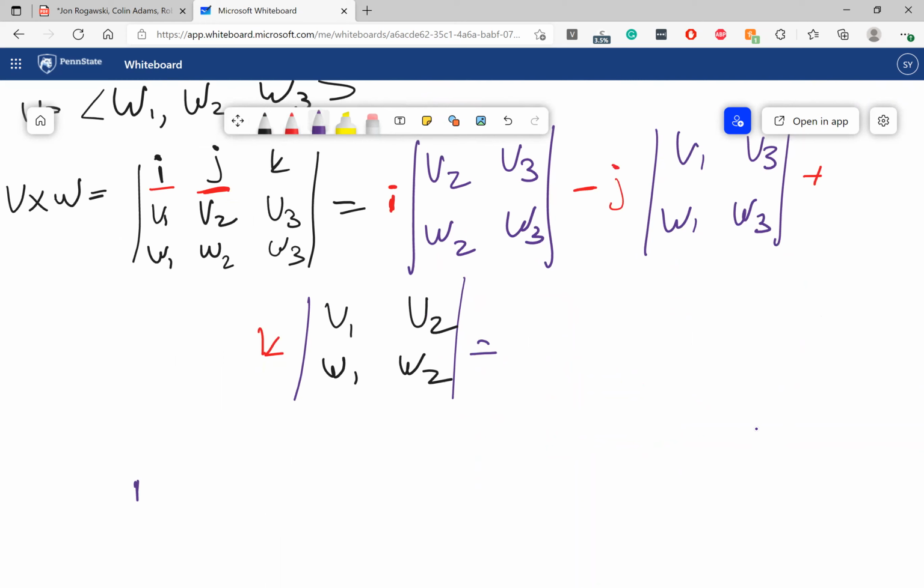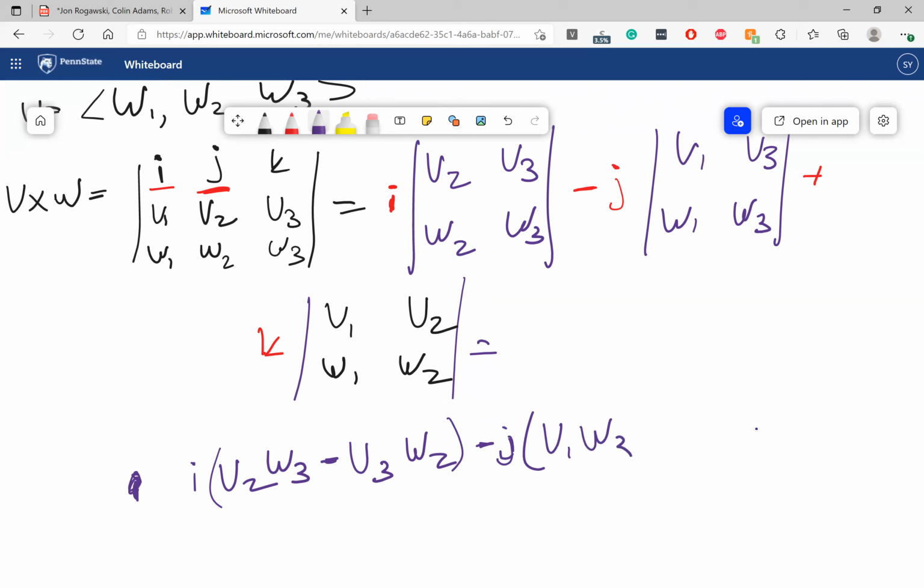So this is going to be I times V2 W3 minus V3 W2, minus J times V1 W3 minus V3 W1, plus K times V1 W2 minus W1 V2.